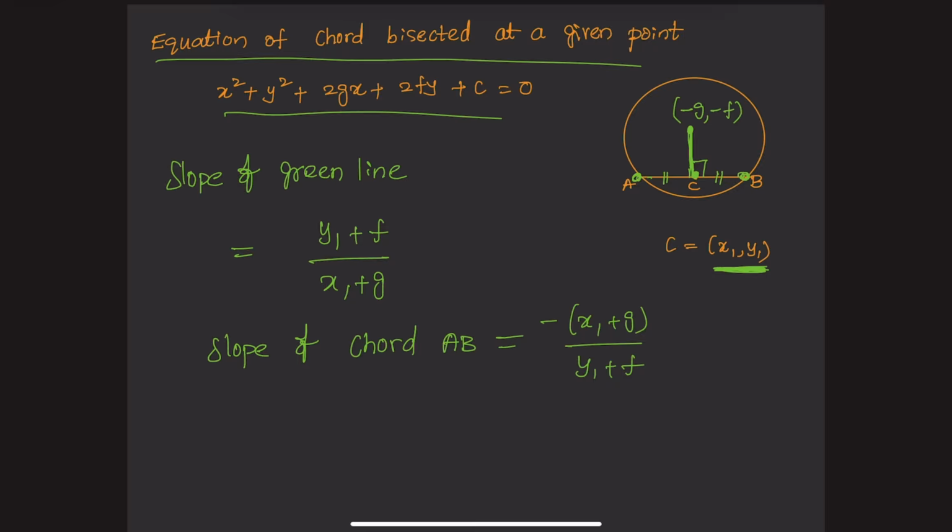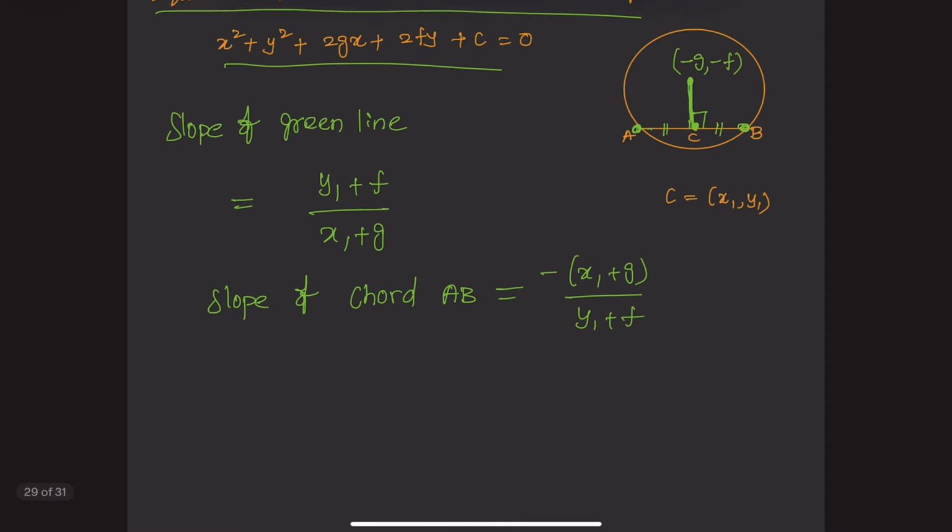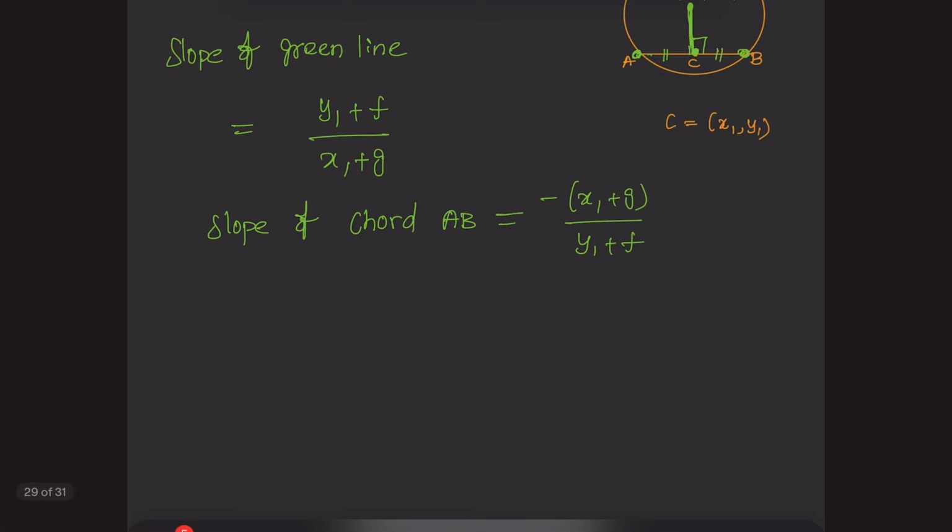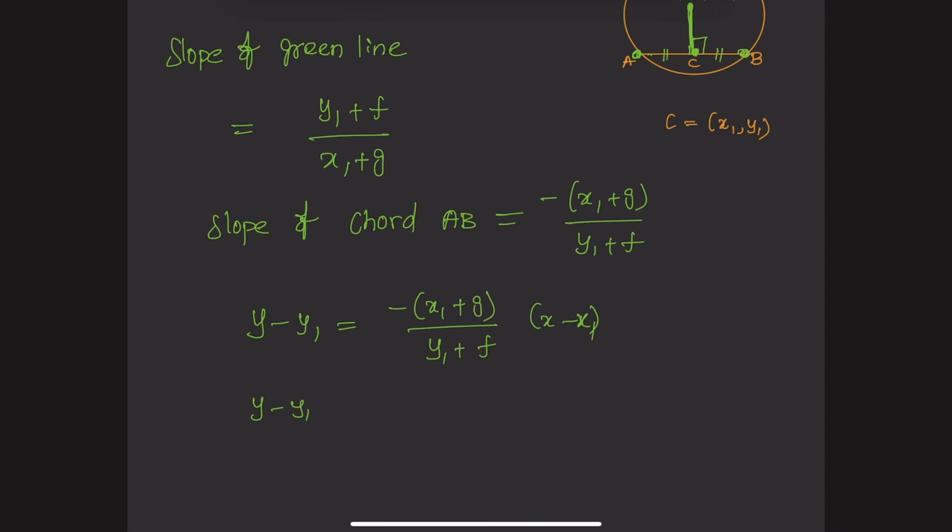Alright. Now we got the slope of the chord and we also know the point on the chord. So use the point slope form. So y minus y1 is equal to m into x minus x1. Alright. So this is y minus y1 multiplied by y1 plus f is equal to minus x1 plus g into x minus x1.